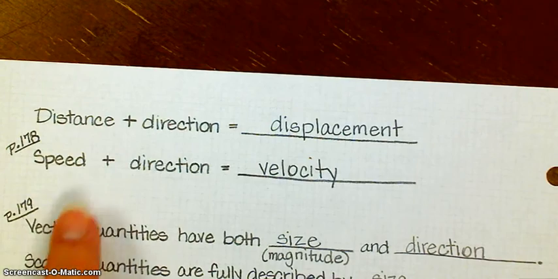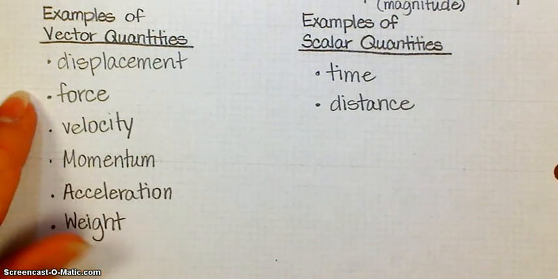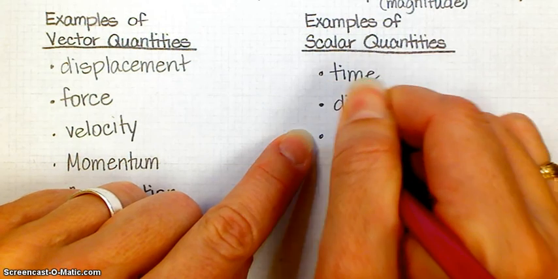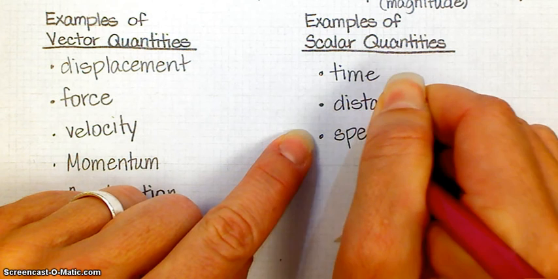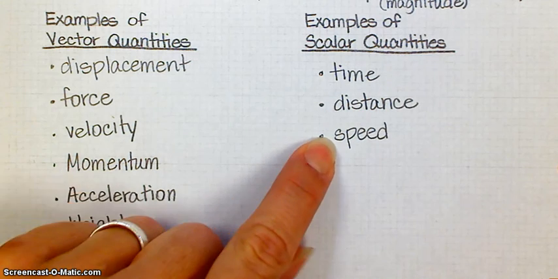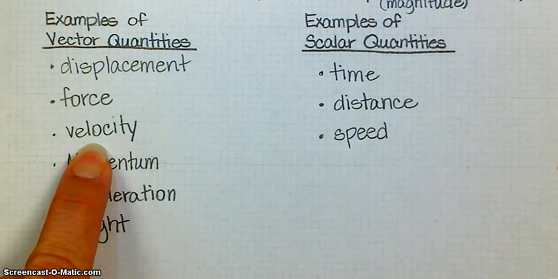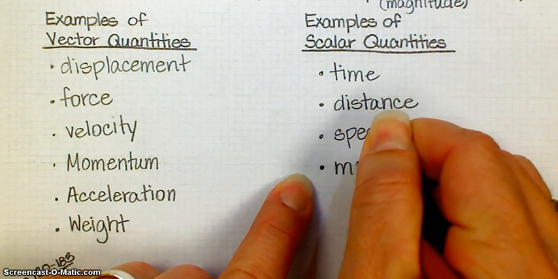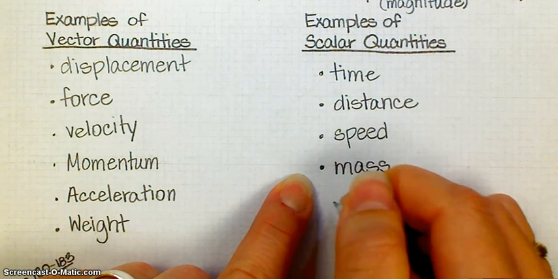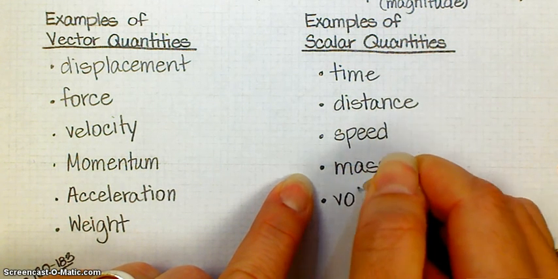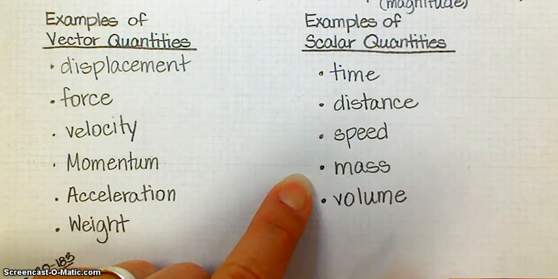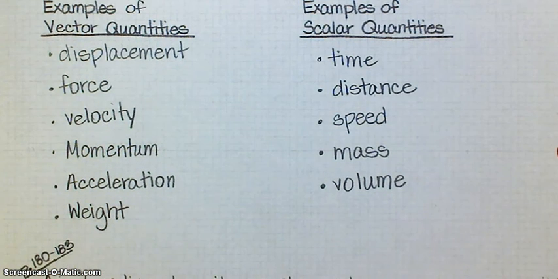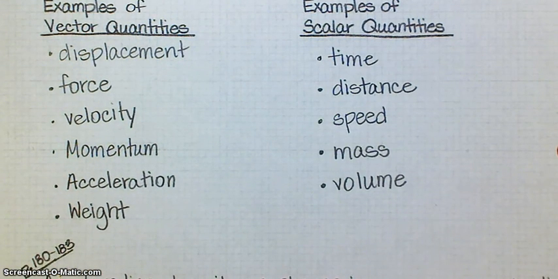Velocity is speed in a certain direction. So if I just say speed, that's a scalar quantity. Speed in a specific direction, and that's velocity. Other things that are scalar quantities would be things like mass, volume, stuff that you can measure, but it's not important to have a direction. Does that make sense to you guys? Okay. All right. Let's go down to the bottom.